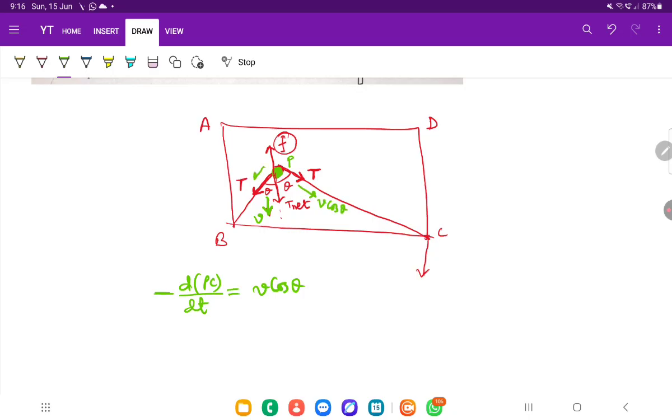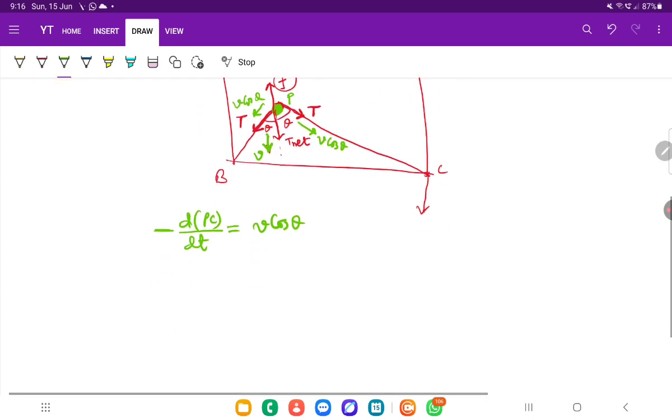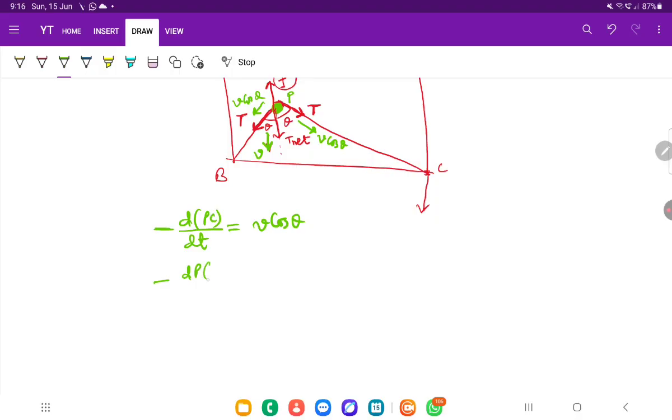Similarly along PB also the velocity will be v cos theta. So similarly we can write minus d(PB)/dt equals v cos theta, right?